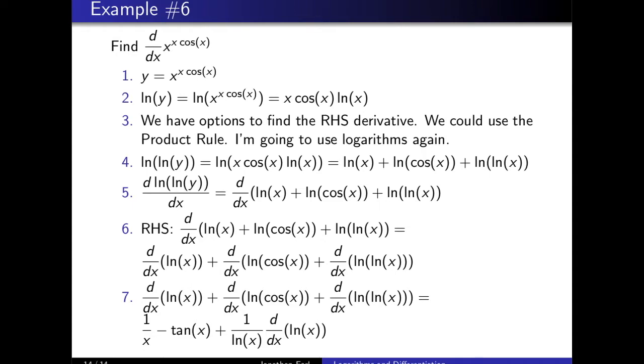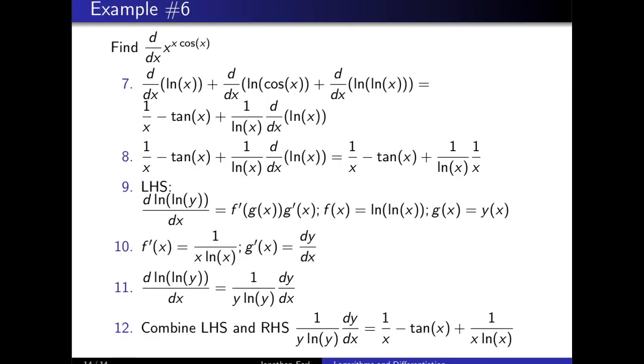Well, we know from what we'd have with the chain rule and natural logarithms, the derivative of ln of x is going to be 1 over ln of x times the derivative of ln of x. So in other words, on the right-hand side, we'd get 1 over x minus tan of x plus 1 over ln of x, 1 over x.